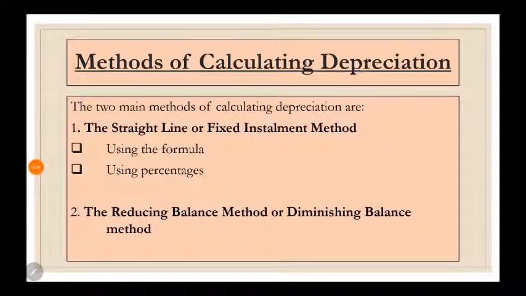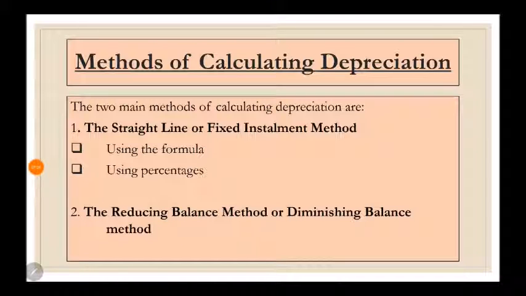Methods of calculating depreciation. So we reach here already. There are two methods of calculating depreciation. You have the straight line or fixed installment method, right? And under that method, you can calculate the straight line method using the formula, or you can calculate the straight line method using a percentage, but it's still one method, just two different ways of calculating it.